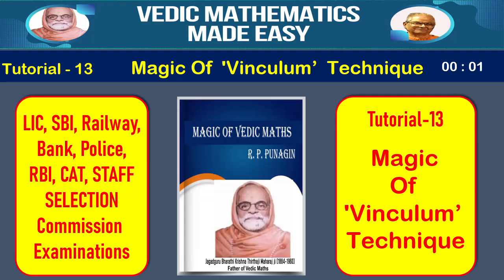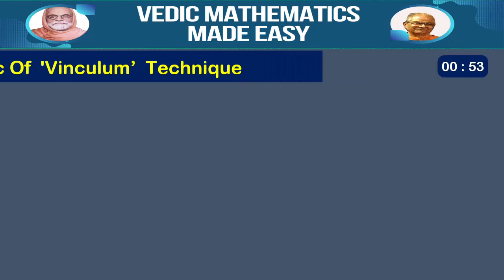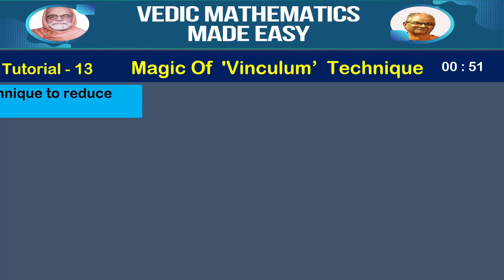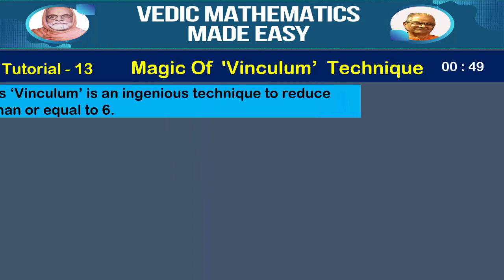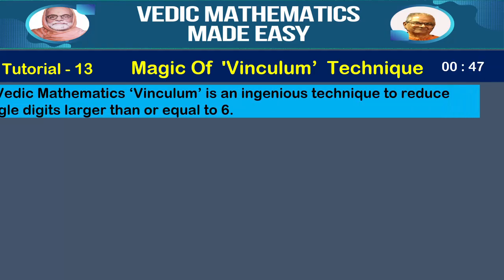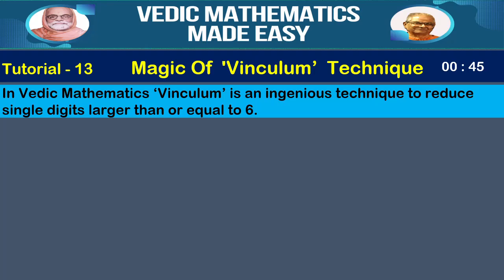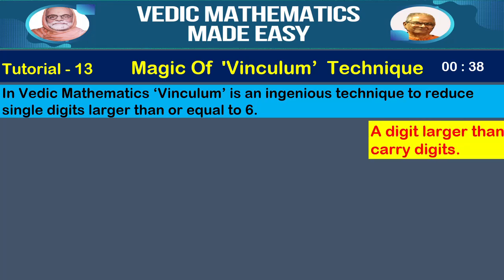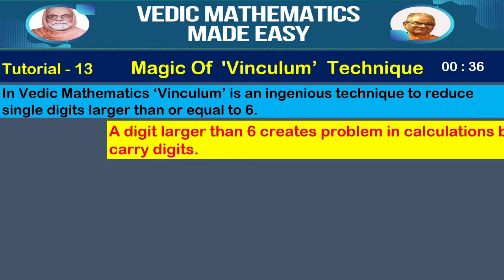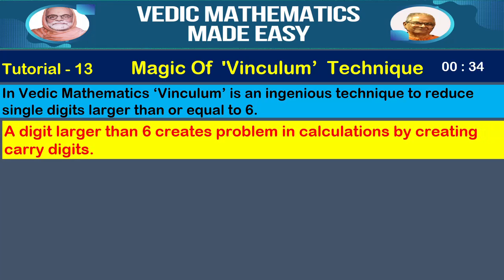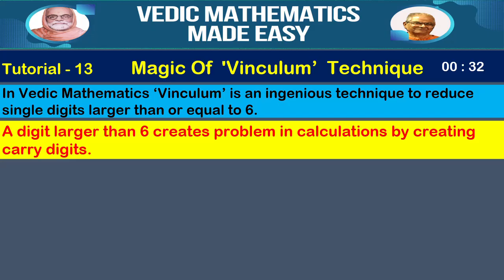Let's go ahead. Friends, in Vedic Maths, Vinculum is an ingenious technique to reduce single digits larger than or equal to 6. A digit larger than 6 creates a problem in calculations by creating carry digits.